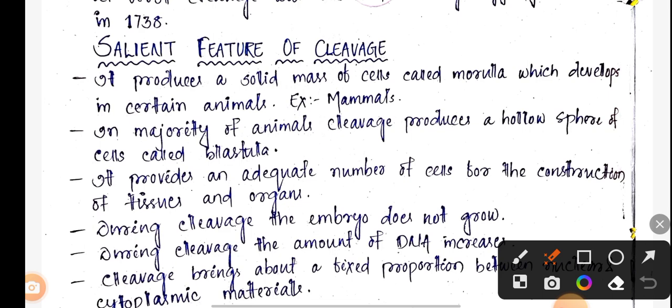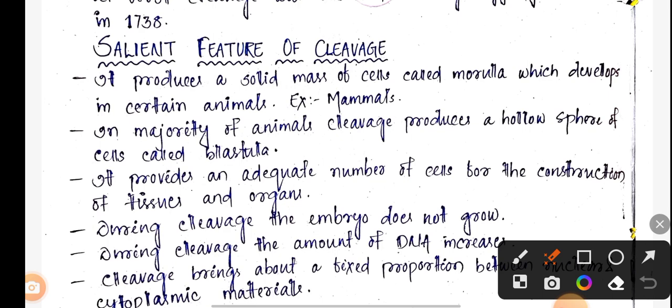In the majority of animals, cleavage produces a hollow sphere of cells called blastula. Blastula is the hollow sphere. This is the case in the majority of animals.